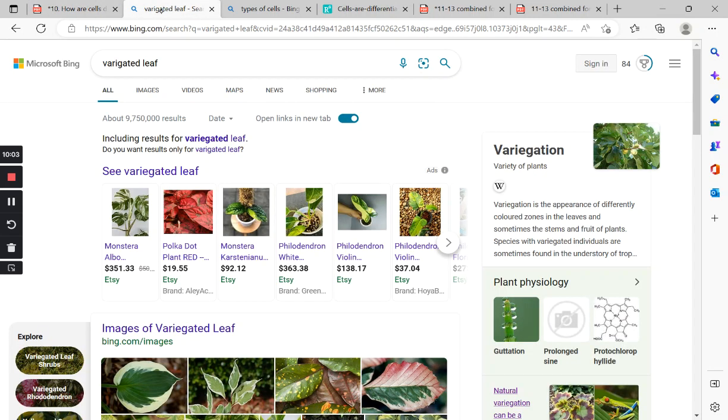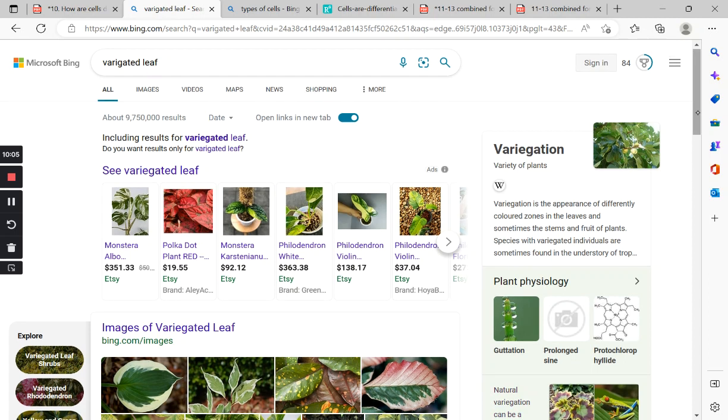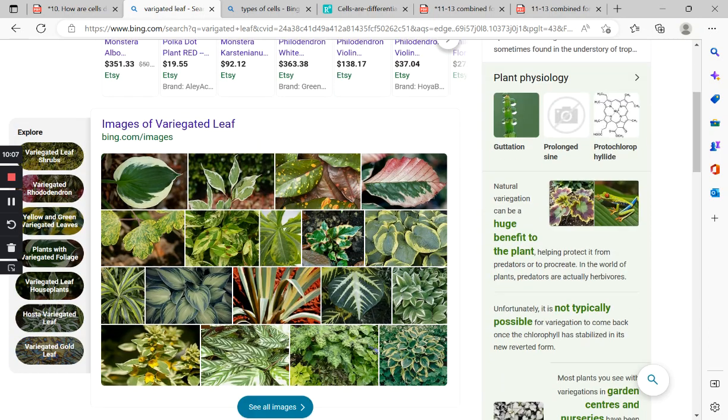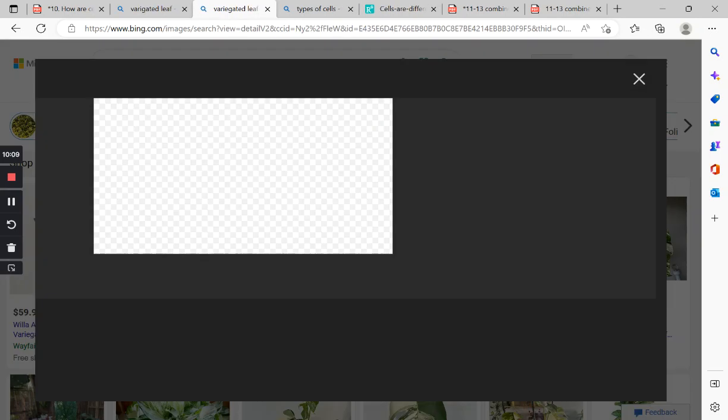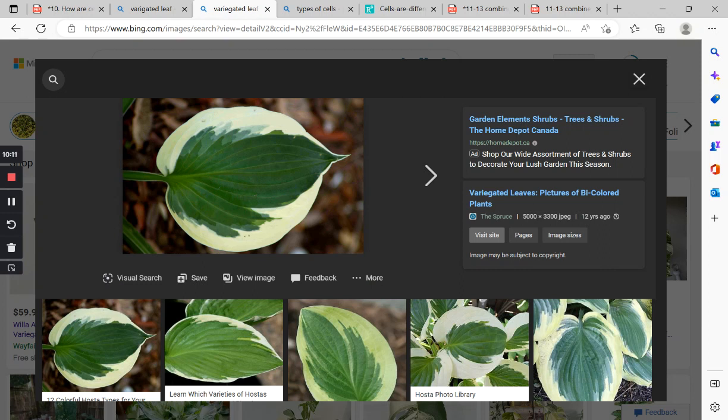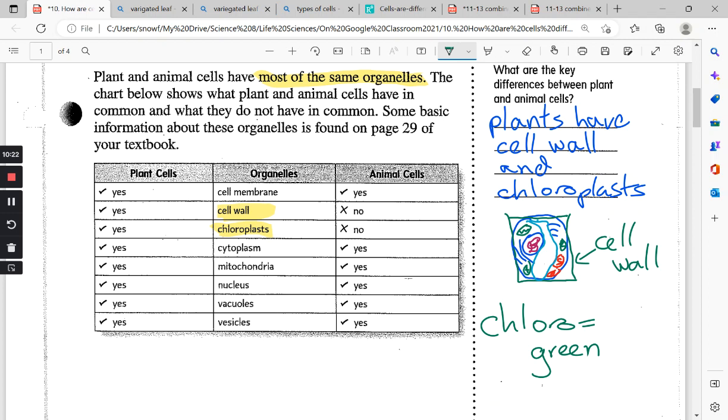If you see some of these kinds of plants out here, variegated plants like this one, on those white sections, the chloroplasts are not producing that green pigment that helps them to trap sunlight.